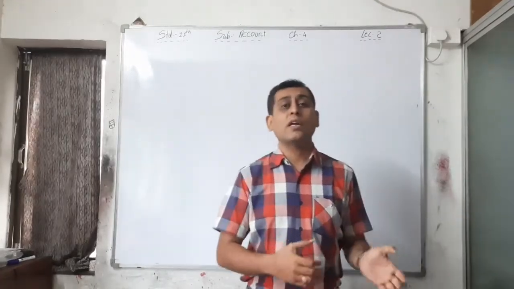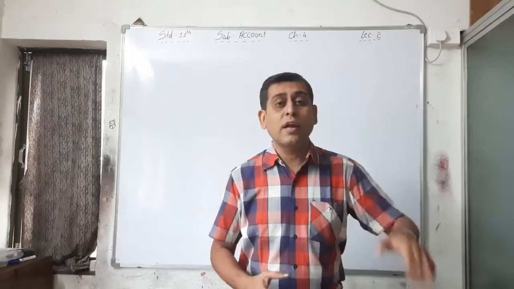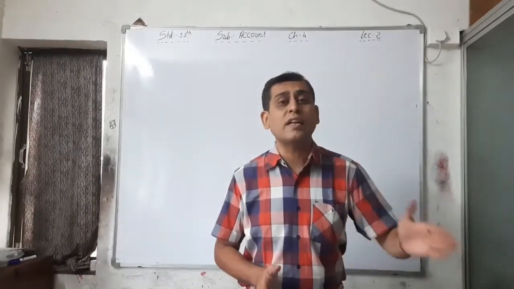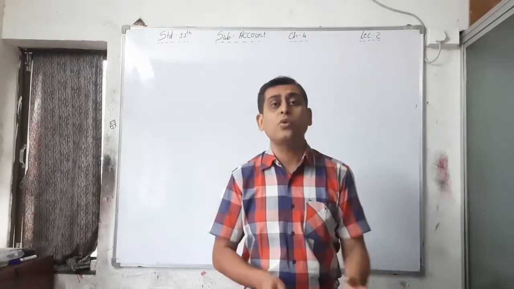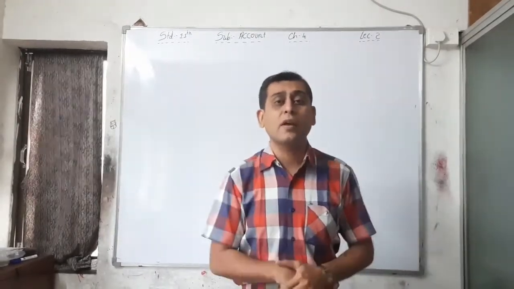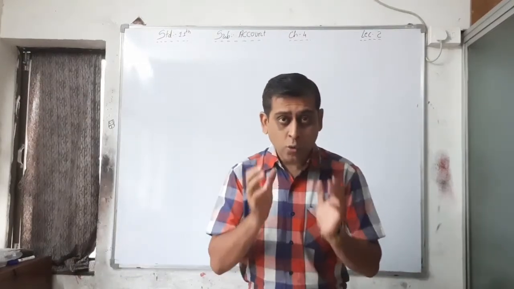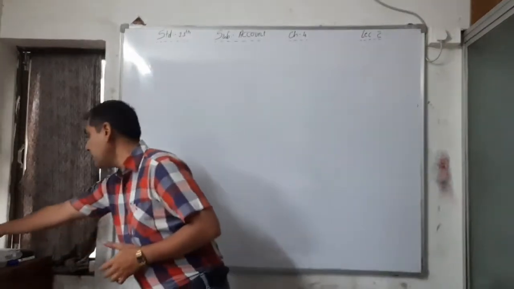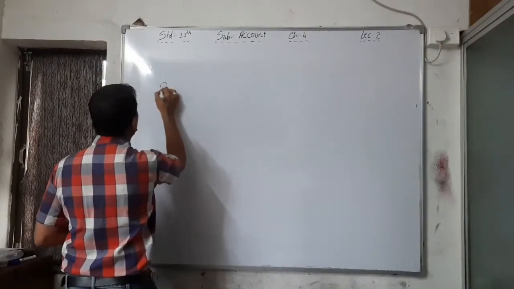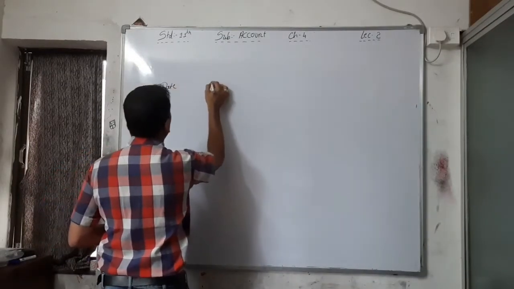Whatever they give us, we have to credit. The rule debit the receiver and credit the giver is applied here. So the giver's account, the capital account, is credited. So your journal entry will be like this, you have to write like this.